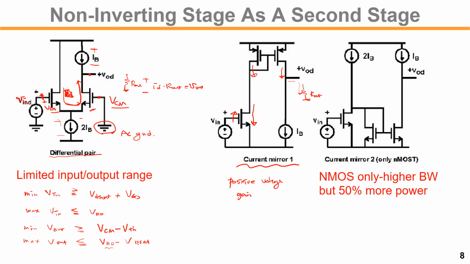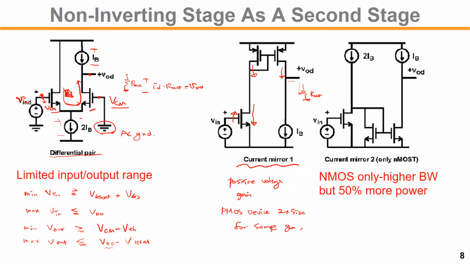But in this case, it goes through the PMOS. PMOS device requires typically 2x size for the same GM.